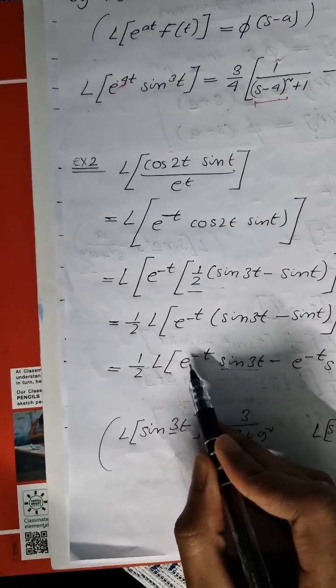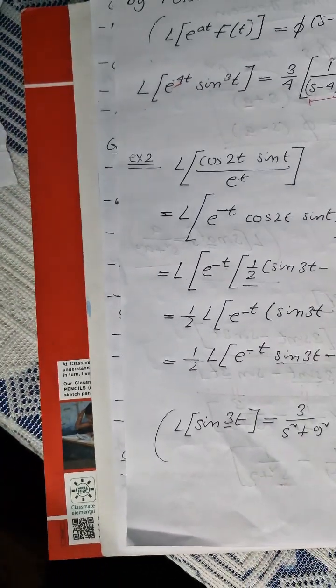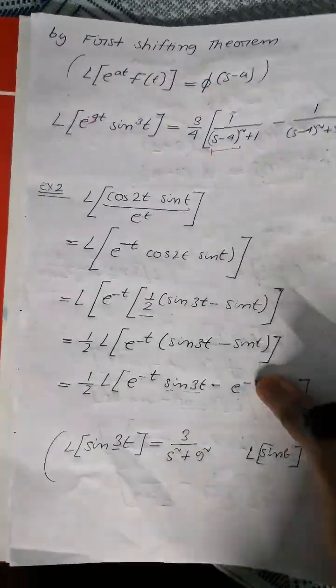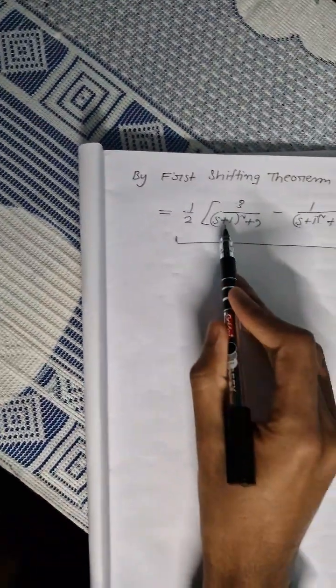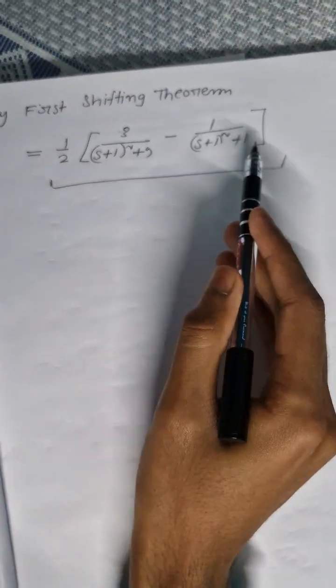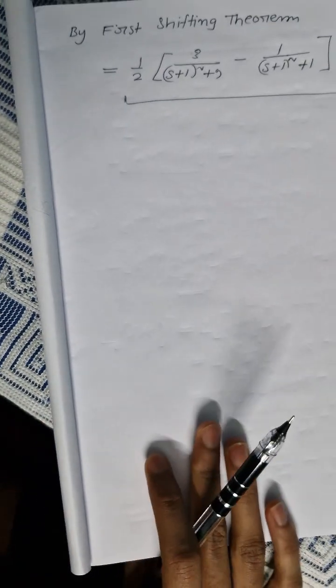When there is minus t, it becomes s plus a. So here in the answer of this question, it is s plus 1 whole square and s plus 1 whole square. So let's quickly recap what we have learned so far by these two questions.